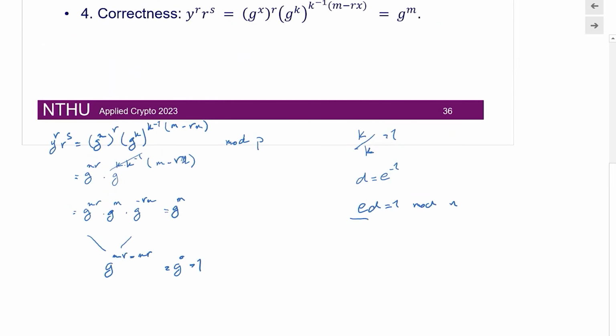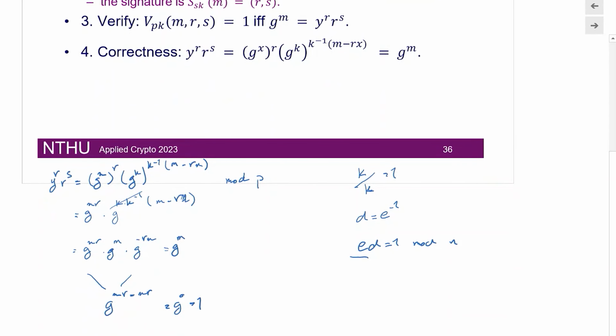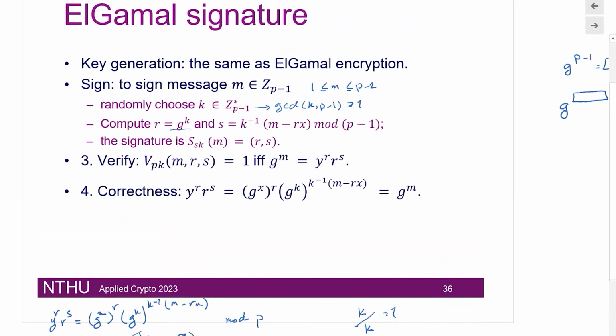So when you do this calculation, you will get the result, which is g to the m. And from that, they design the verification to have this formula. Okay? Is this clear now? Yes, thank you.